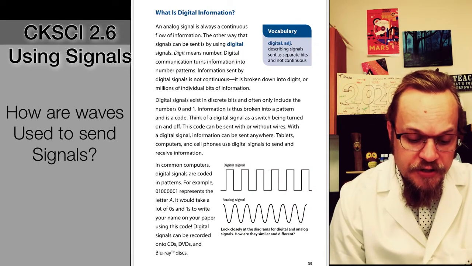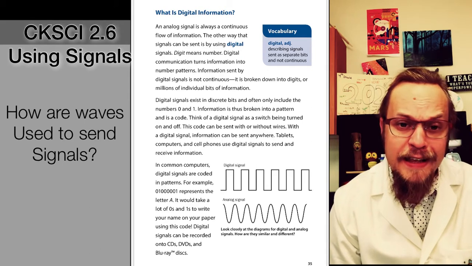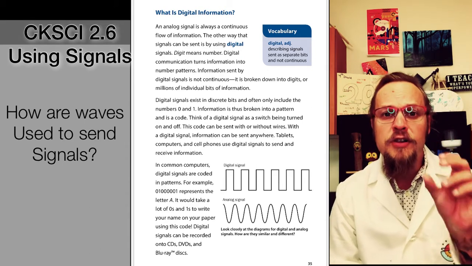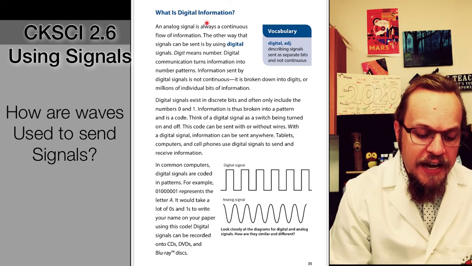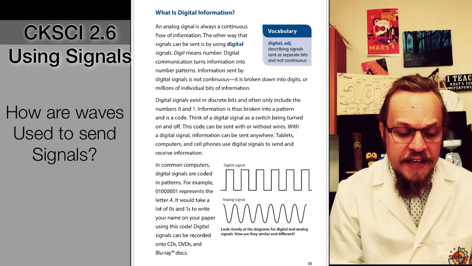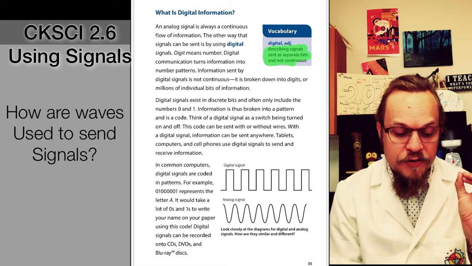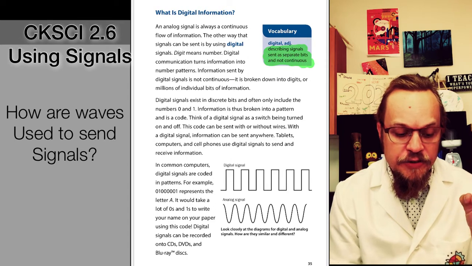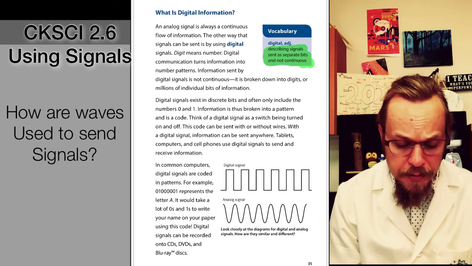So now we're on to what is digital information. Our vocabulary term is digital. It describes signals sent as separate bits and it is not continuous. So smaller chunks of information are sent out in digital. An analog signal is always a continuous flow of information. The other way that signals can be sent is by using digital signals. A digit means a number.